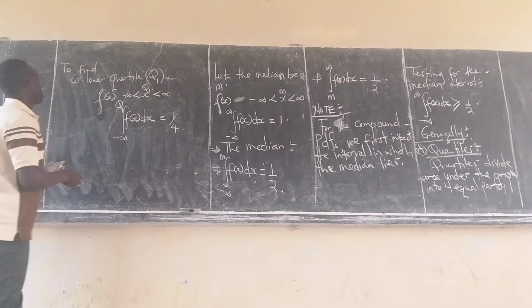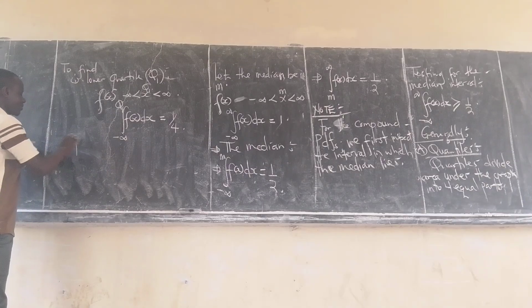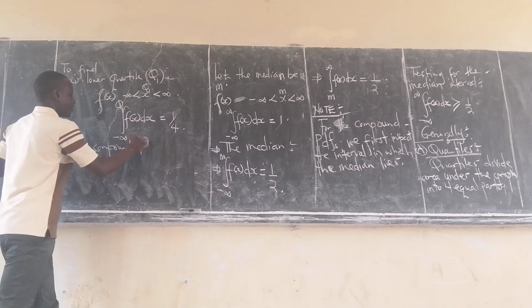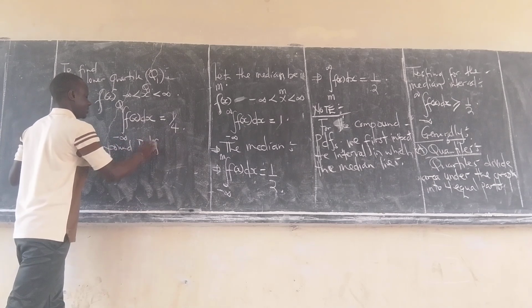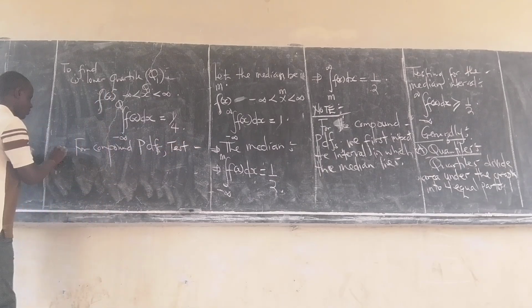So similarly, if the PDF is compound, so for compound PDFs, we first test the lower quartile.